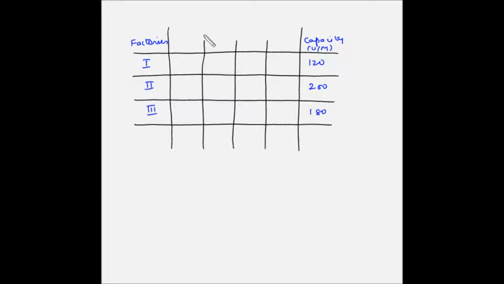Now on top of the table, we'll place the warehouses. So the four warehouses are P, Q, R, and S. And at the bottom of the table, we'll place the demand at these warehouses.